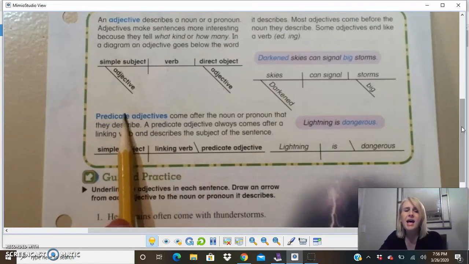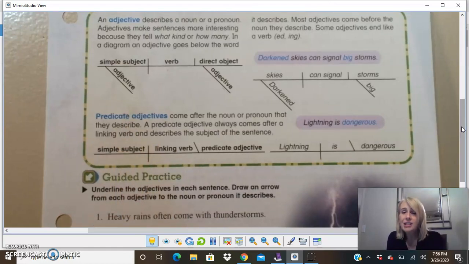It says predicate adjectives. Well, we know that a predicate adjective comes in the predicate part of the sentence, which is behind the verb. They come after the noun or pronoun that they describe. A predicate adjective always comes after the linking verb and describes the subject of the sentence.